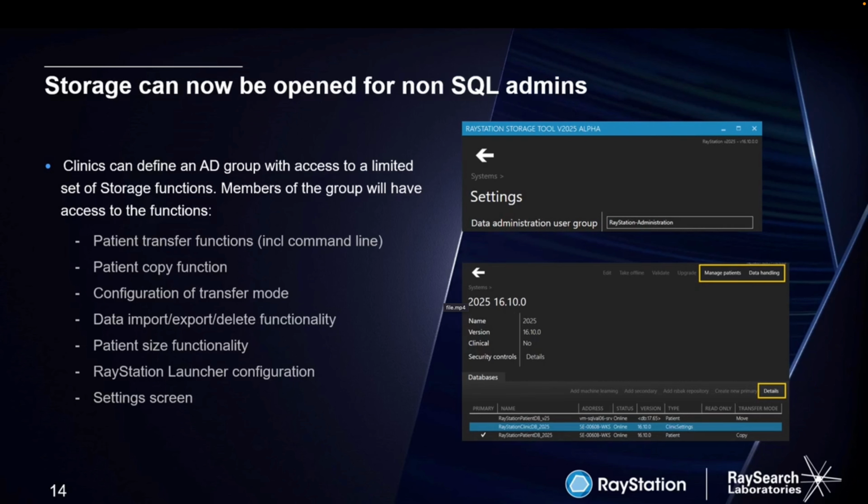Members of the group will have access to the functions listed here: patient transfer functions, including command line, patient copy function, configuration of transfer mode, data import, export and delete functionality, patient size functionality, RayStation launcher configuration and the settings screen.